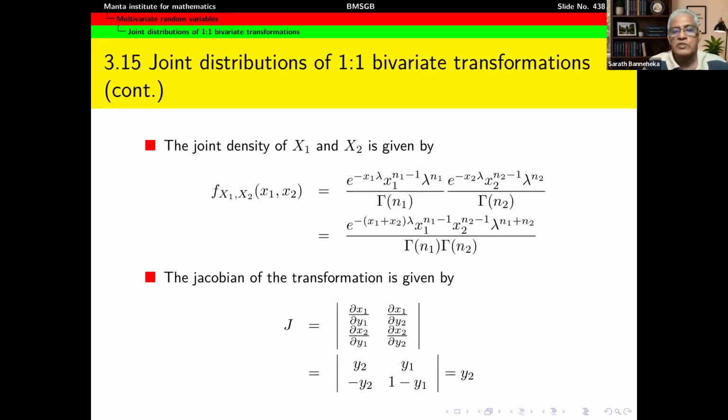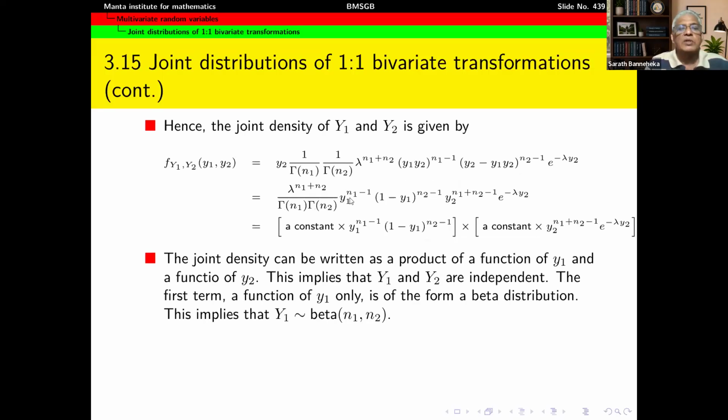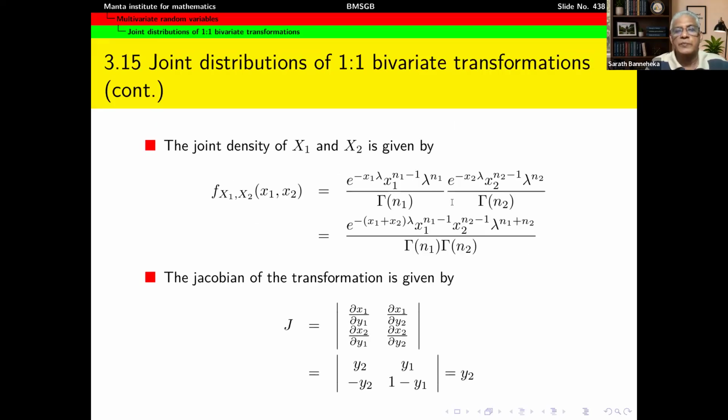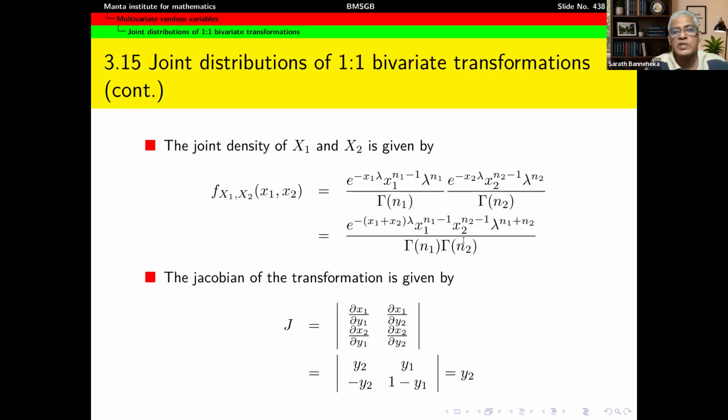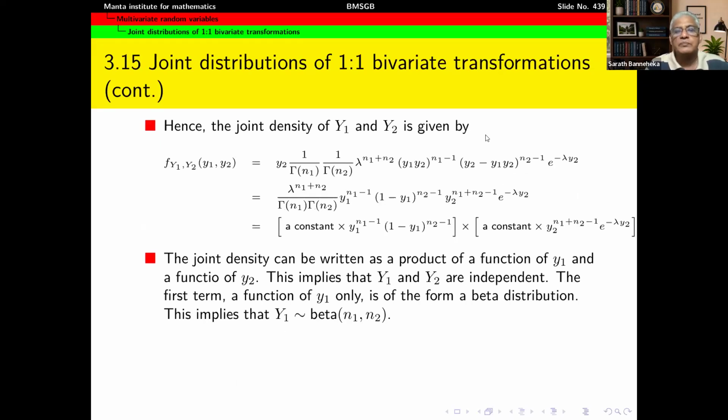Therefore, we don't have to separately take the absolute value. So the joint density function can be obtained as this thing, and then substituting these expressions, x1 is equal to y1 y2, and x2 is equal to this expression, in the joint density function here times y2. And that gives you this.